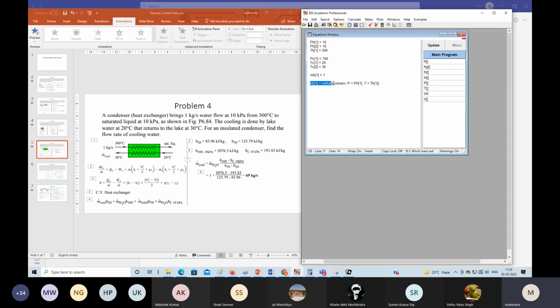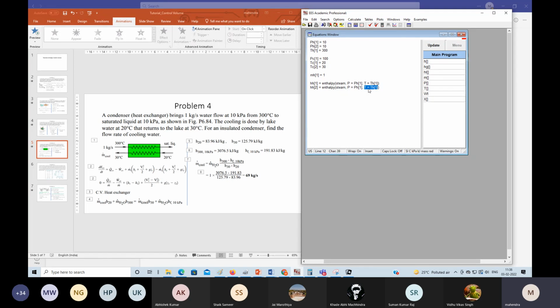Enthalpy of this at exit, this we can consider hot fluid 2. Pressure is the same, obviously, pressure is not changing. And instead of specifying temperature over here, the exit temperature is the same temperature. Pressure is the same, temperature is also the same. The only thing that is happening is a phase change, because you are removing latent heat.